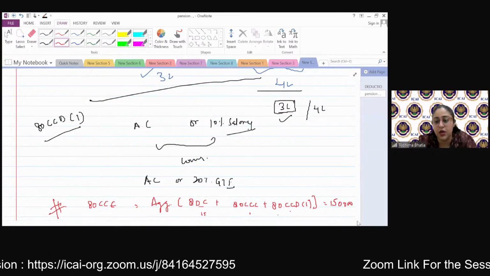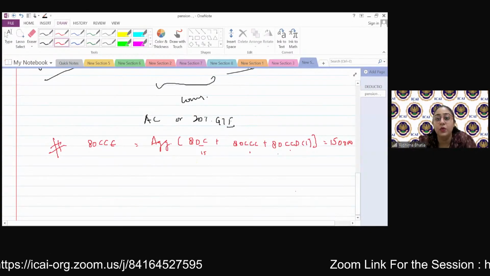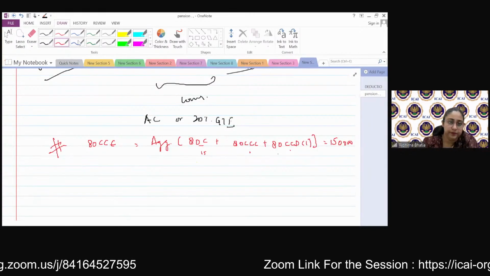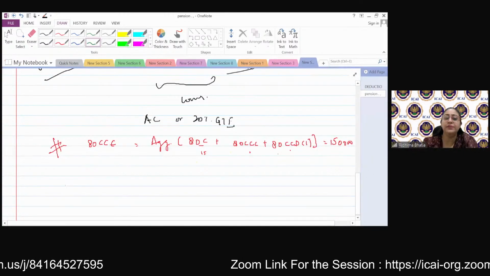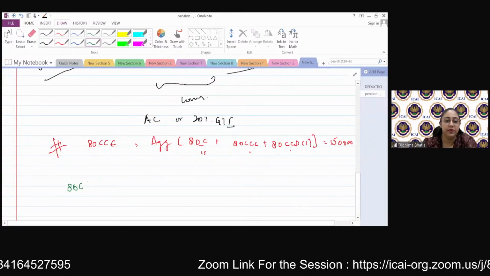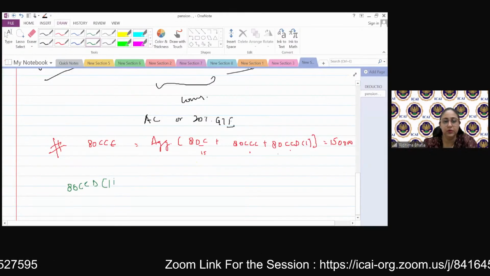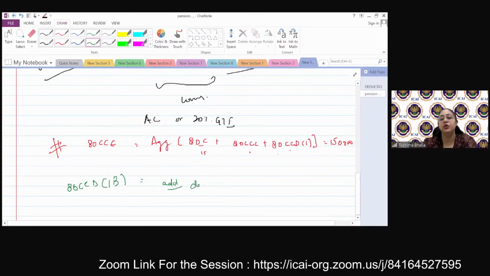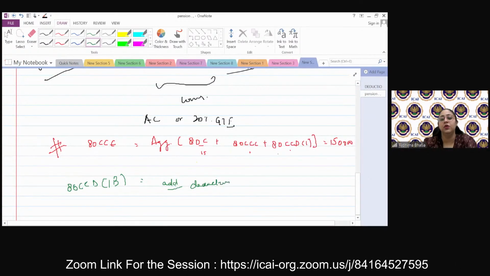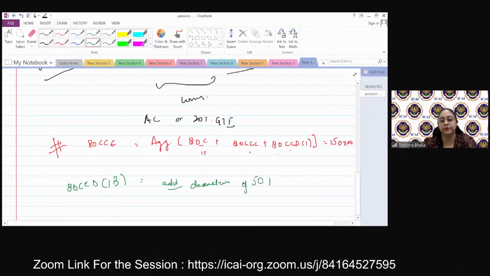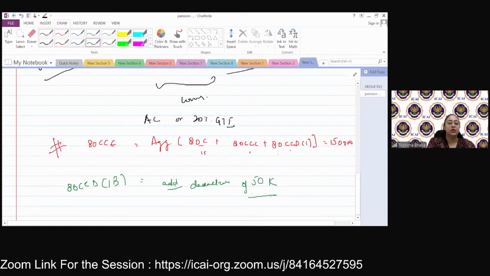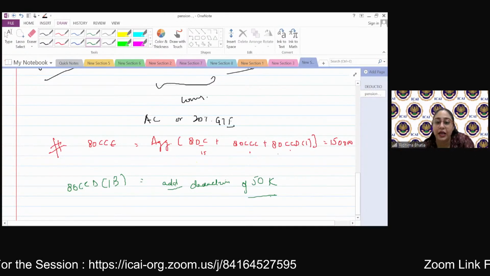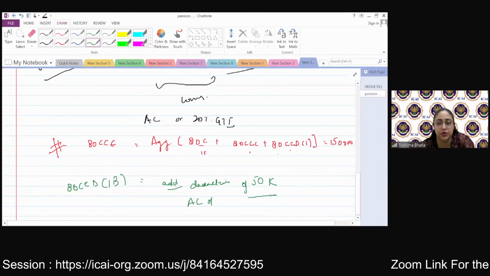The government said, okay, we understand your problem, and to increase the investments under NPS, they came up with a solution, which is an additional deduction of 50,000. Additional deduction of 50,000, which is allowed for actual contribution of the assessee.